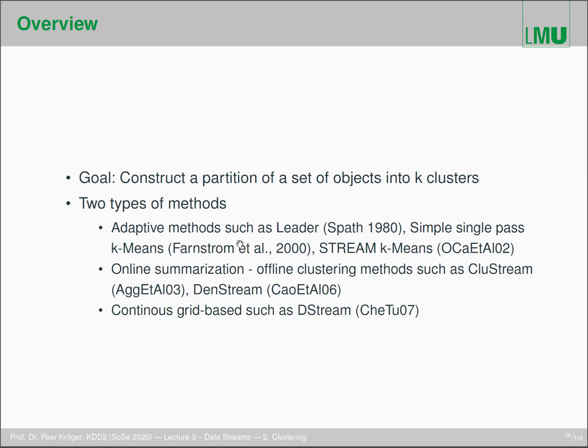And the second class of algorithms use an online-offline, two phases, online phase and offline phase, where the online phase typically works with summaries. So also the continuous grid-based approaches work with summary information, and this summary information is maintained during the stream processing. And at a given point in time, you can have a clustering offline then, parallel to the further evolving stream, based on the summary information.